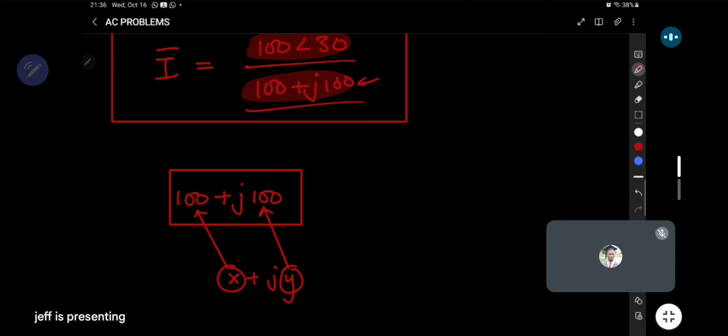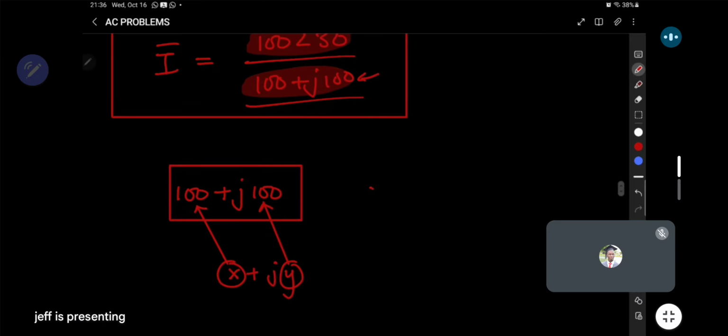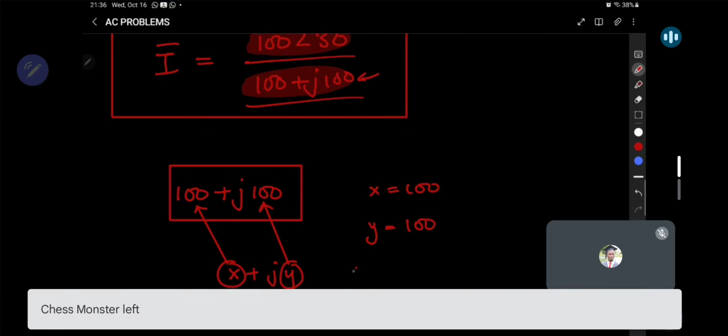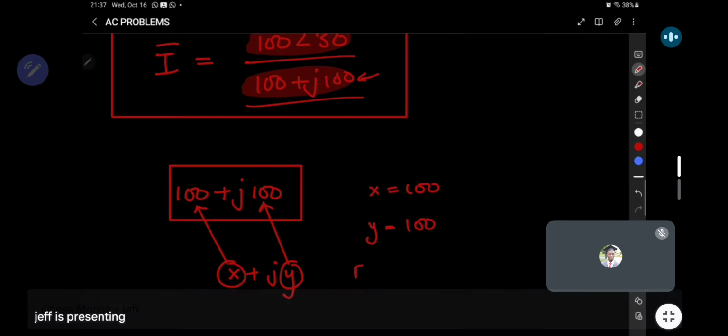From here, if we say x is 100 and y is also 100, we can easily get what the magnitude is. The magnitude of this complex number, we can label it as anything really, we can say r.